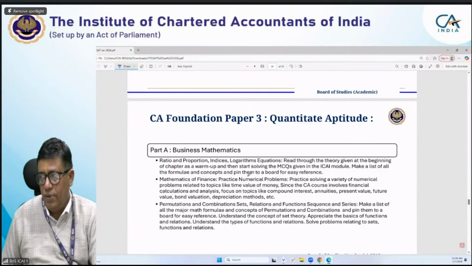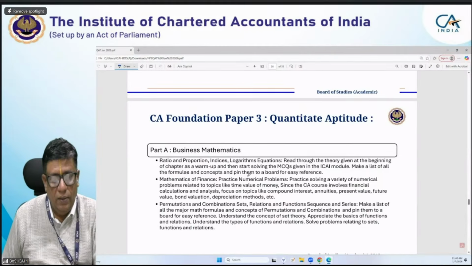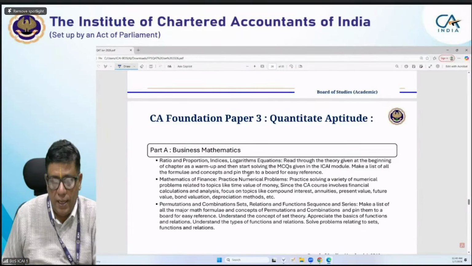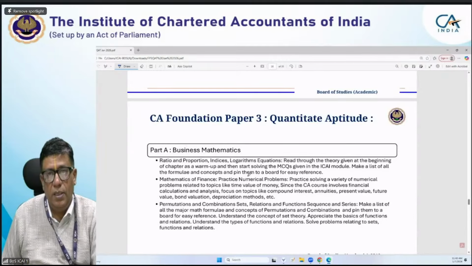Make a list of all formulas: what are ratios, what are proportions, what is the duplicate ratio, what is the triplicate ratio, when inverse ratios apply, what is the meaning of proportions, indices, laws of indices, logarithms and equations.